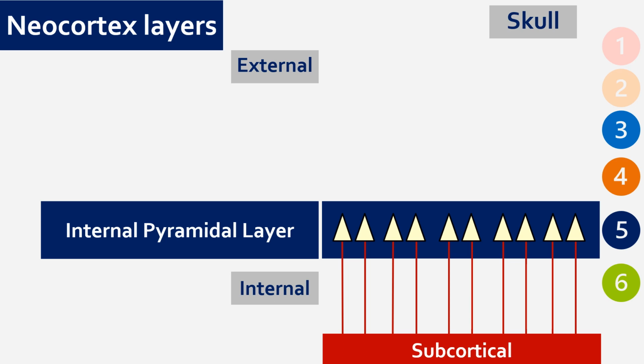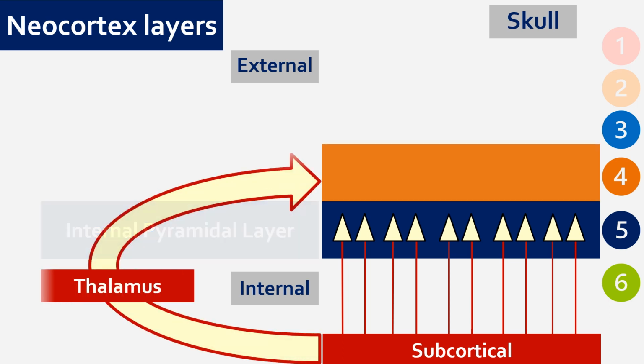The pyramidal cells from the primary motor cortex, for example, go on to form the corticospinal tract. The pyramidal cells in other cortical regions project onto the basal ganglia and down into other subcortical regions, and they are primarily the cortex's means of communicating with other regions of the brain. The internal pyramidal layer, layer 5, is the primary output layer of the cortex.